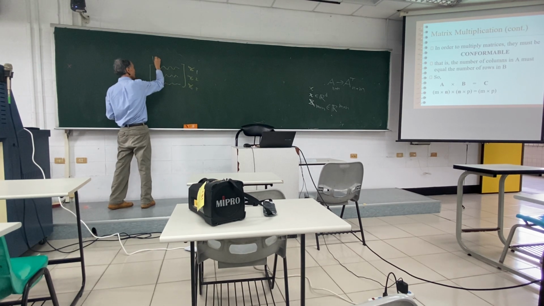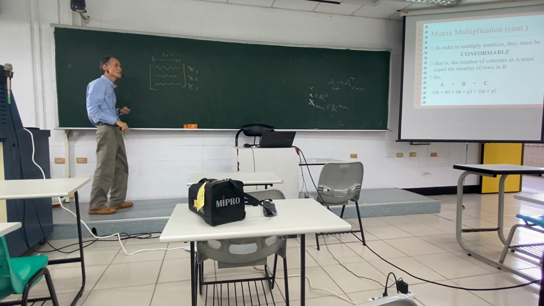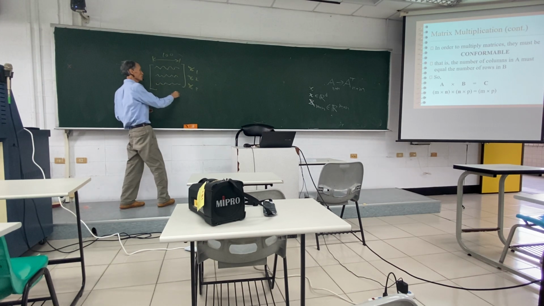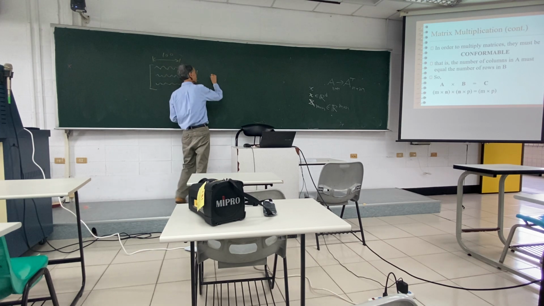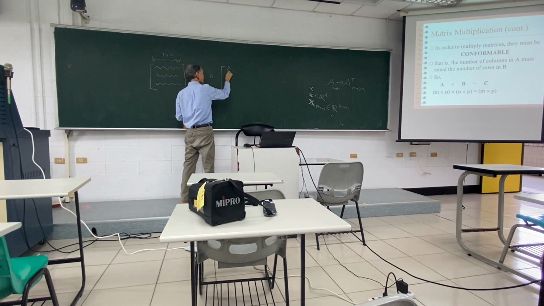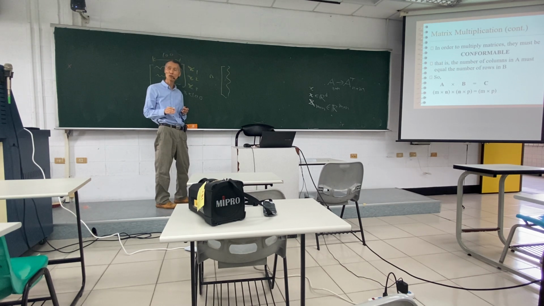The length could be, for example, 100. Then the dimension is 3 by 100, or you can represent it the other way. The meaning could be totally different, especially for ICA, independent component analysis.